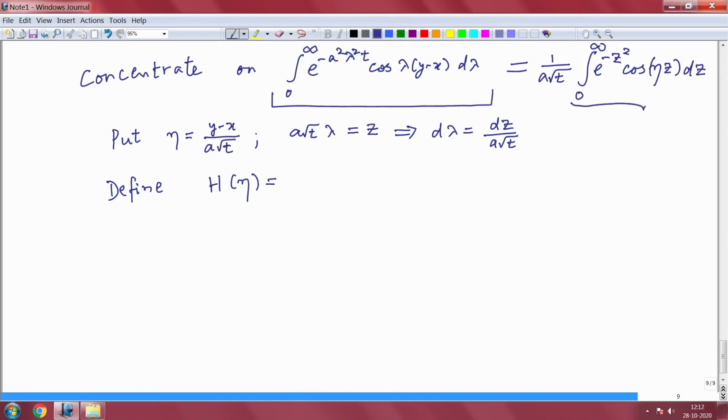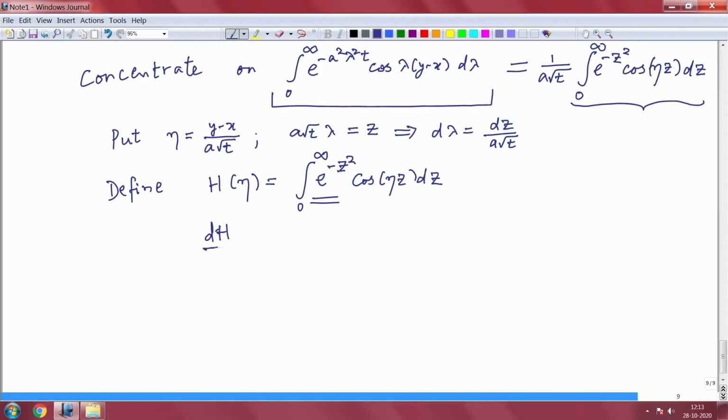This integral I am going to call h of eta. This is a very nice function, and it is a bounded function, we know. So this function is differentiable with respect to eta.